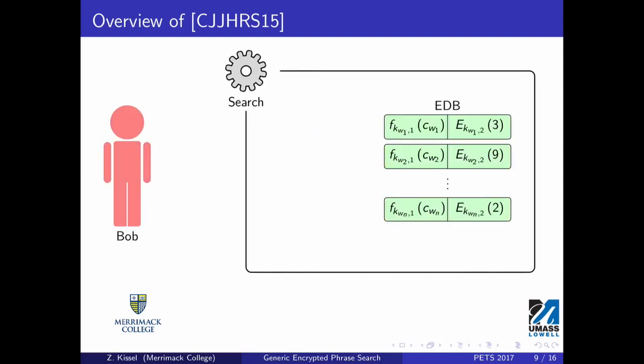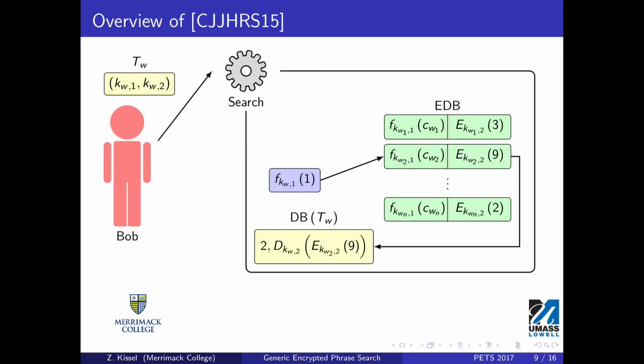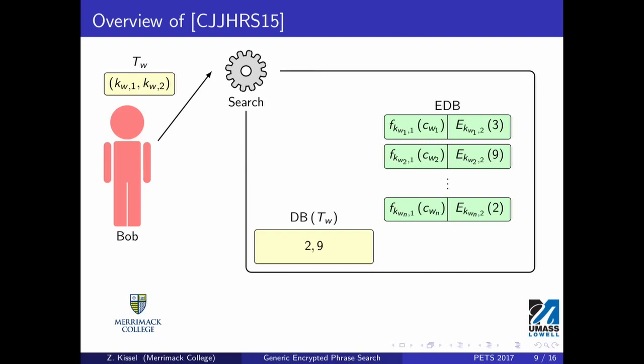To perform a search, Bob forwards the token to the search algorithm, and then generates the first pseudorandom label by applying the PRF. We then do a constant time lookup into the EDB, and we store off the matching document identifier, decrypting it. We then apply the next pseudorandom label, find that in the encrypted index, return the document identifier, and then we repeat the process one last time.